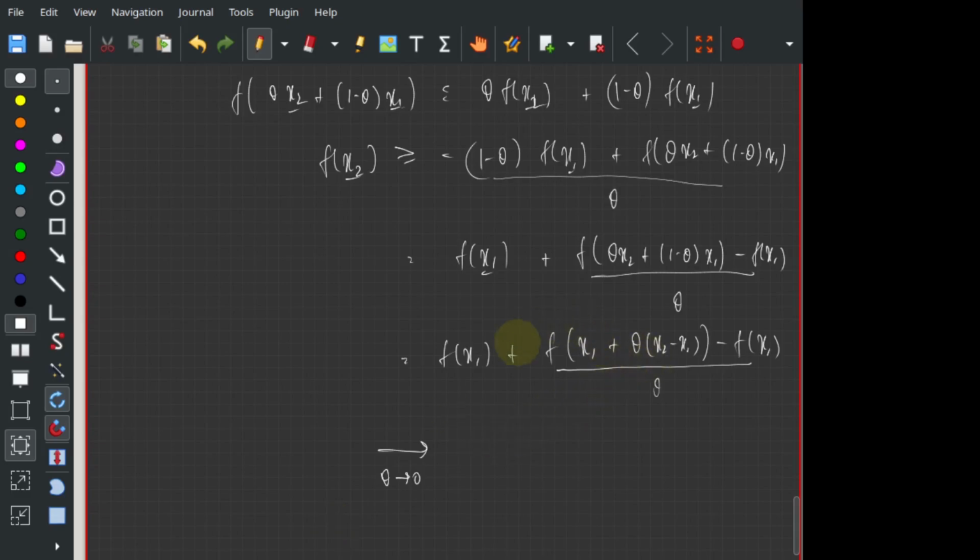We know that as theta tends to 0, this quantity tends to the gradient transpose, the inner product between the gradient and the direction. So this is the direction x2 minus x1. So this is f of x1 plus gradient of f evaluated at x1 transpose times the direction, which is x2 minus x1.